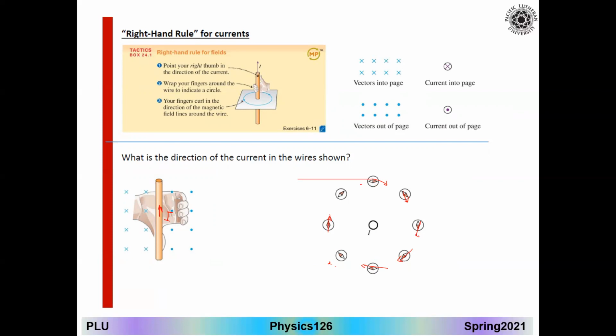Again, we use the right hand: I try to find my curled fingers pointing in the clockwise direction. If I apply the right hand to the direction of the compass, I find that the current points toward the base. So the direction of the current is X toward the base.